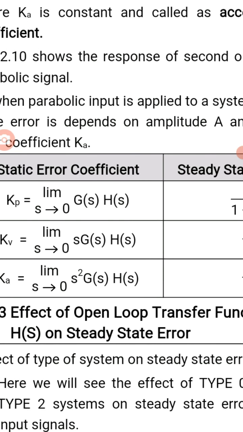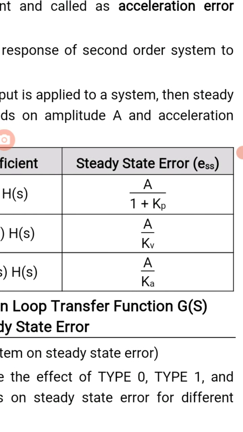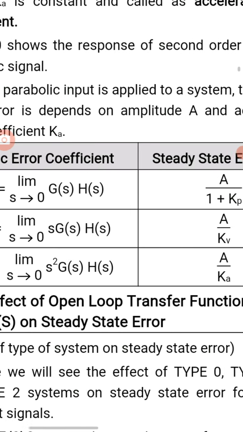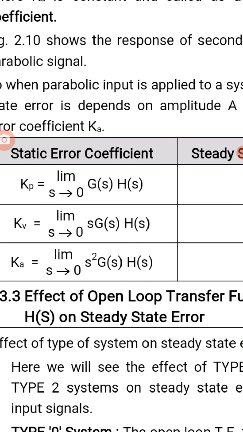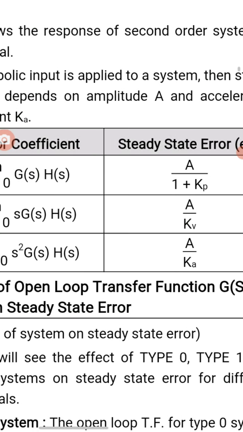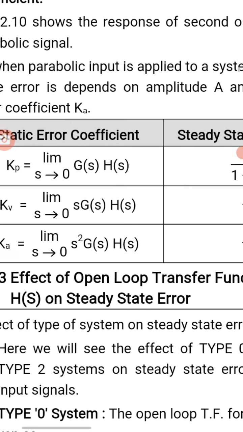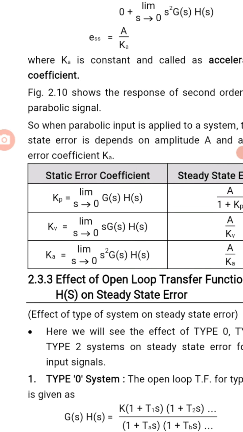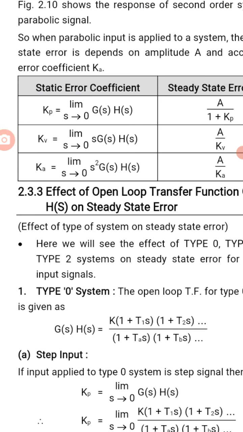So steady state error is A upon Kv, and for Ka, the acceleration error constant, it is multiplied by s square, and steady state error is given by A upon Ka. Now this is nothing but steady state error.